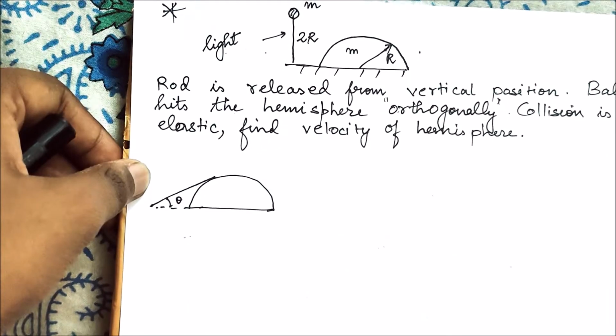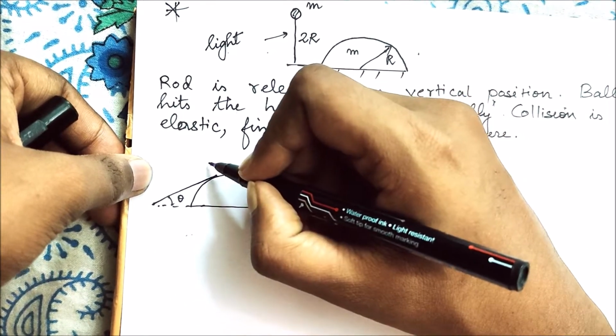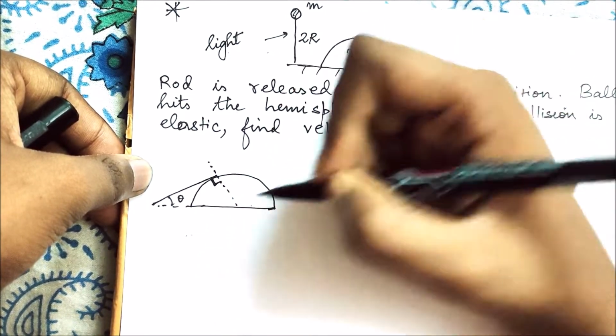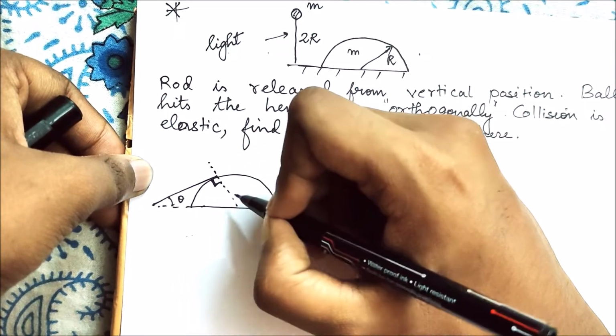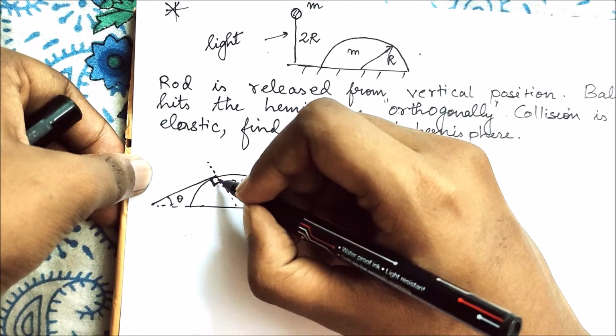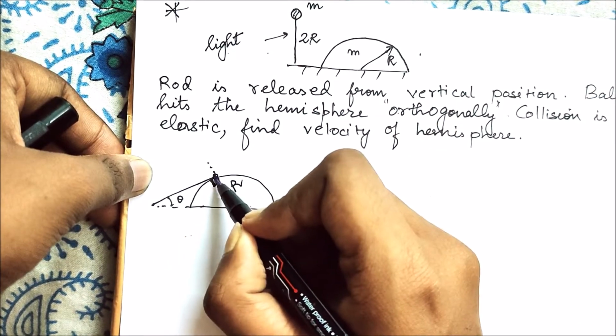We don't know theta as of now, but as it is striking orthogonally, this angle is clearly 90 degrees. Anyways, at any point it could have been a tangent. And also the velocity in this direction is u, that is the velocity of this mass m.